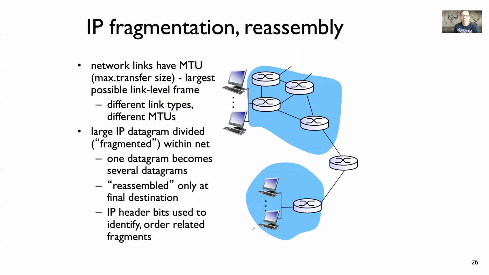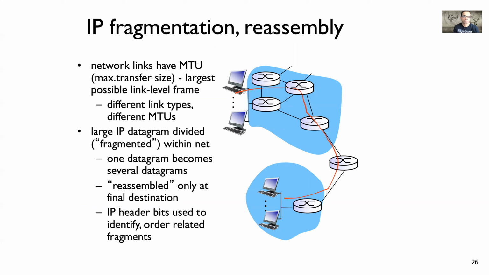Okay, the next thing to look at is what's referred to as fragmentation. Let me first explain what's going on here. Remember that as a packet makes its way through the network, it's moving across various links, so the link layers could actually change.